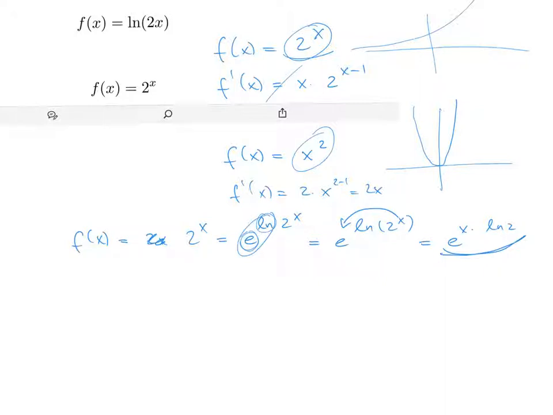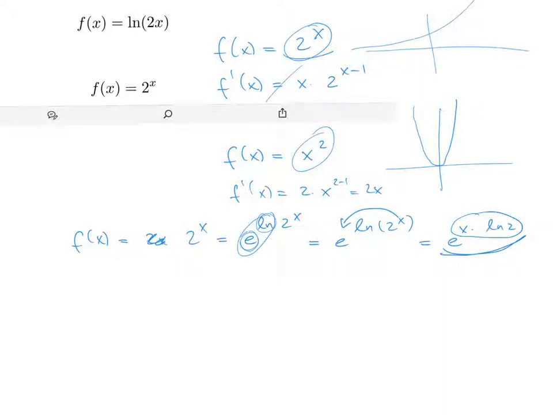So the chain rule, why the chain rule? Because this is a function of a function: this is the so-called inner function, and e to the power of is the outer function. If I compute this, I first compute x times logarithm of 2, and then I take the result and put it in the exponent of e.